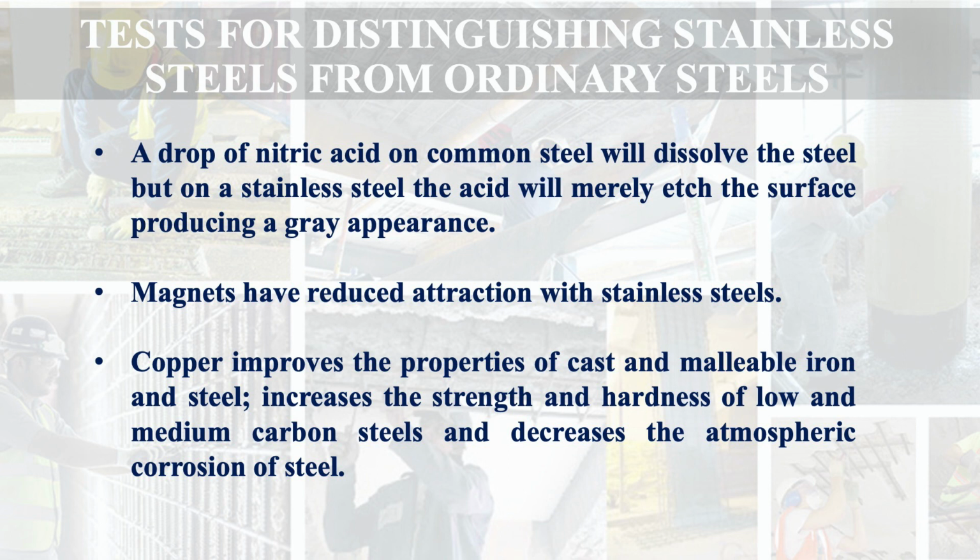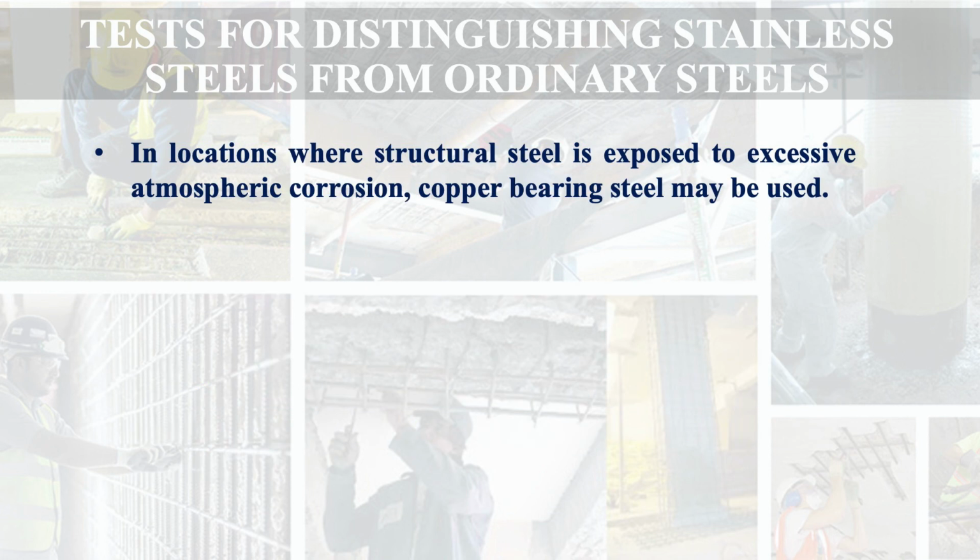Copper improves the properties of cast and malleable iron and steel and increases the strength and hardness of low and medium carbon steel and decreases the atmospheric corrosion of steel. In locations where structural steel is exposed to excessive atmospheric corrosion, copper bearing steel may be used.